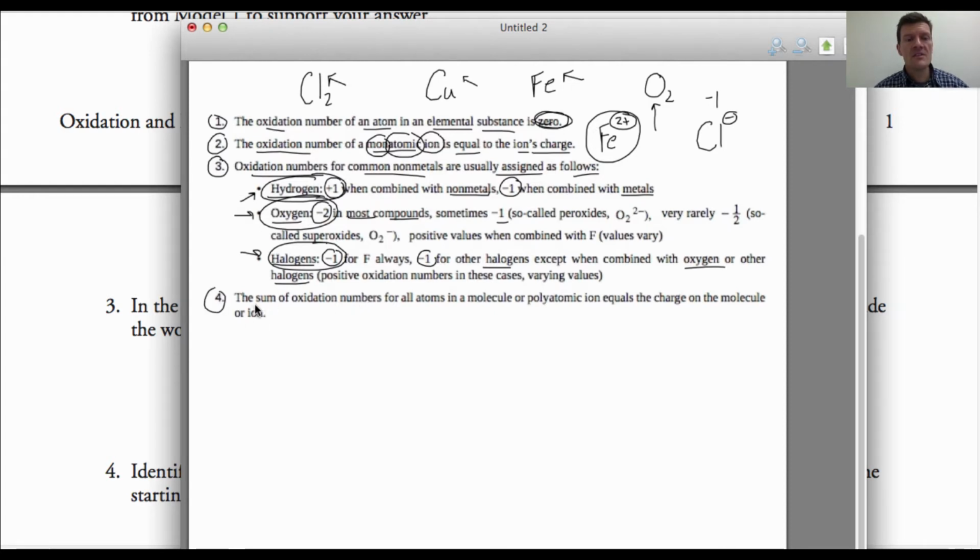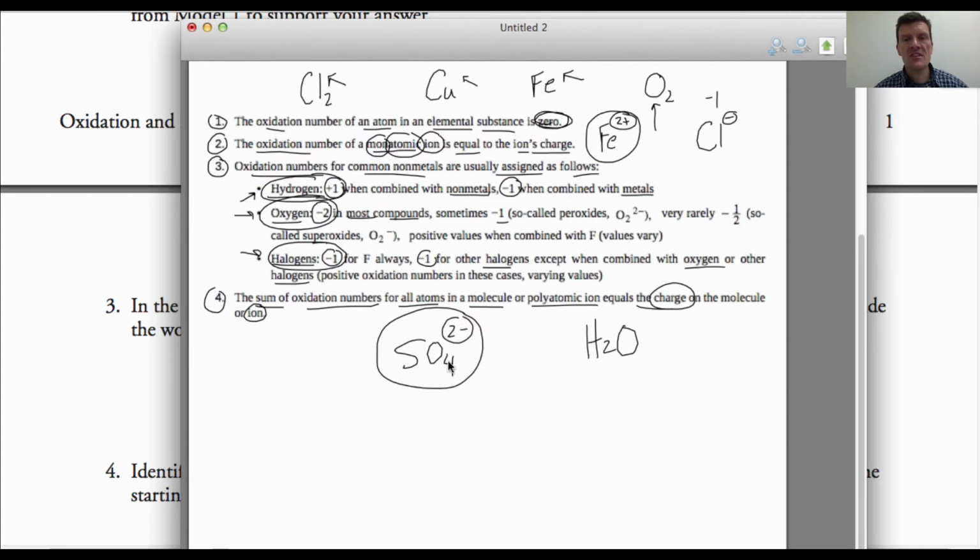4. The sum of oxidation numbers of all the atoms in a molecule or polyatomic ion equals the charge on the molecule or ion. Let me give you two examples. What they're saying is, in this polyatomic ion, all of the oxidation numbers have to add up to the charge on this polyatomic ion.